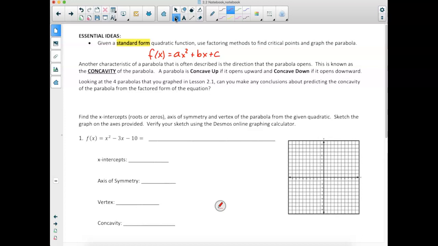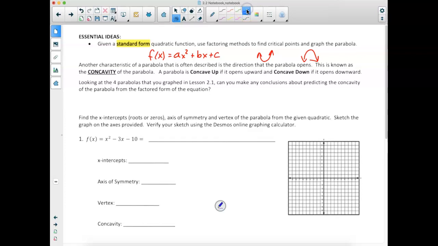A parabola is concave up if it opens upward, and it's concave down if it opens downward, okay? Looking at the four parabolas we graphed yesterday, in lesson 2.1, can we make any conclusions about predicting the concavity of a parabola from the factored form of the equation? And standard form of the equation there, and then factored form.